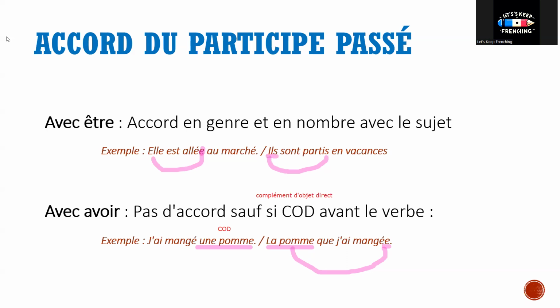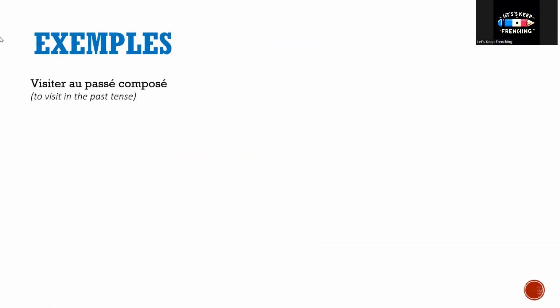Let's see an example of conjugation. Donc, on a le verbe visiter au passé composé. Normal verb. So I'm going to use, of course, auxiliary avoir with the past participle of the verb visiter.